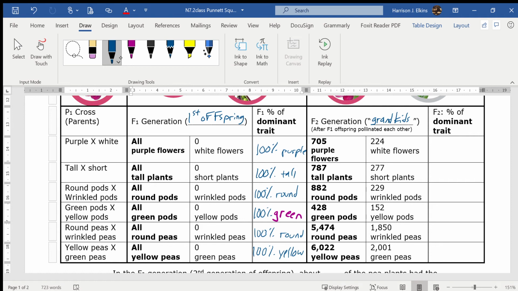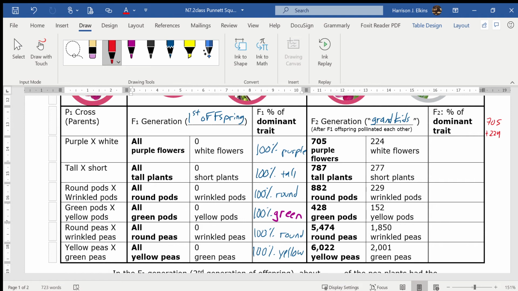Now, I want to calculate the percent of the dominant trait. How am I going to do that? Well, what I would do is simply add 705 plus 224. That's going to give me my total.